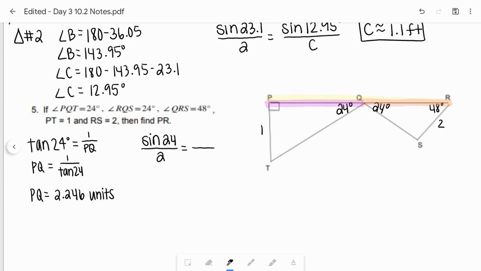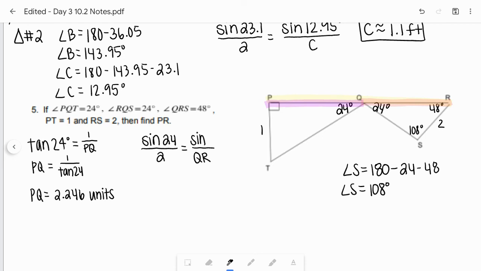Now I want to solve for QR, so that's going to go with angle S. Okay, so we can easily find angle S by taking 180 degrees, subtracting out the 24 and subtracting out the 48. So angle S is going to be equal to 108 degrees.